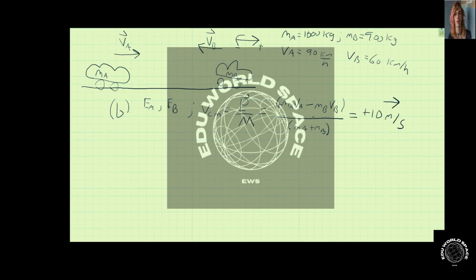Now, if we're moving in a system that's moving at the same speed as the center of mass, what's going to be the final state of our system once these two things collide? So after the two cars collide, they're going to be kind of crumpled up on the front here, something like this. This will be car A. It's just a little illustration here. And this is car B, right?